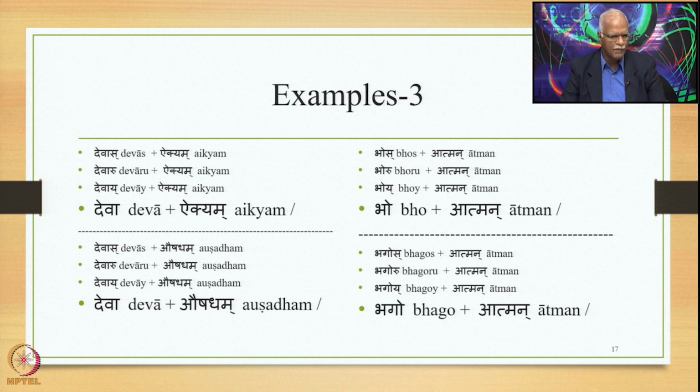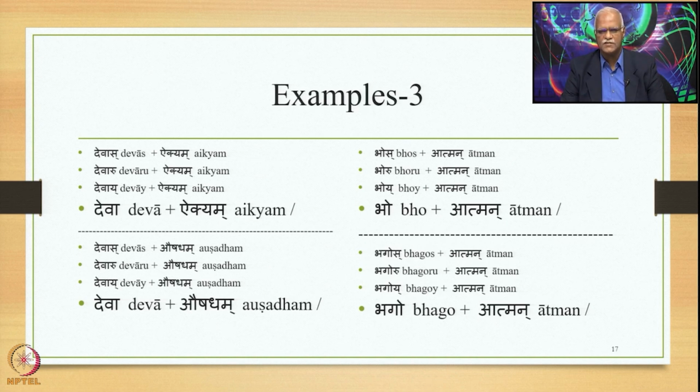So we get deva plus aikyam with ya deleted, or devaya aikyam with ya retained. Similarly, devas plus aushadham. Sa is substituted by ru by ya, and then ya gets optionally deleted. So we get deva plus aushadham optionally.